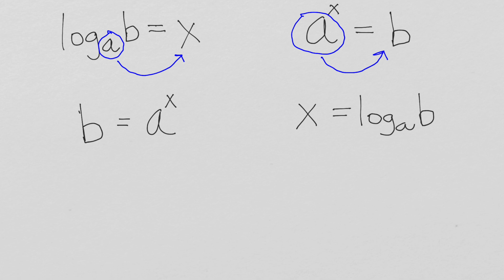So they are in some sense interchangeable, but they are equal to different parts, if that makes sense. One of them, x is equal to the log base A of B, and in the other one, B is equal to A to the x.